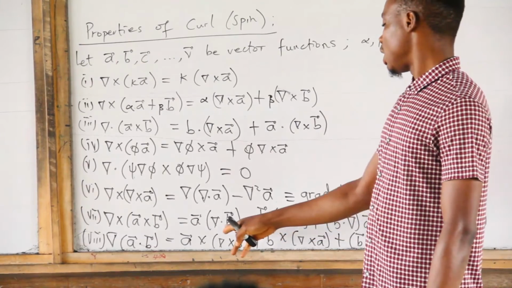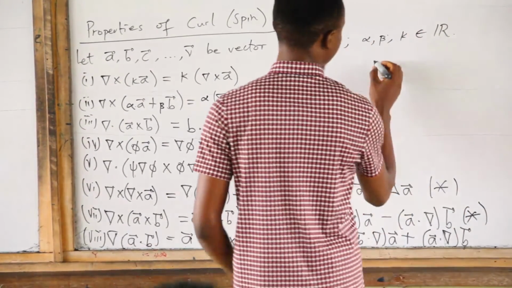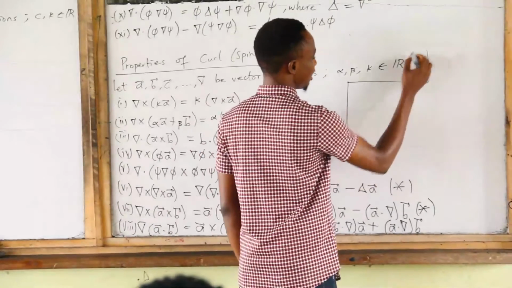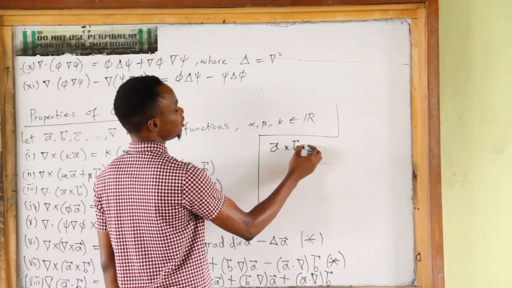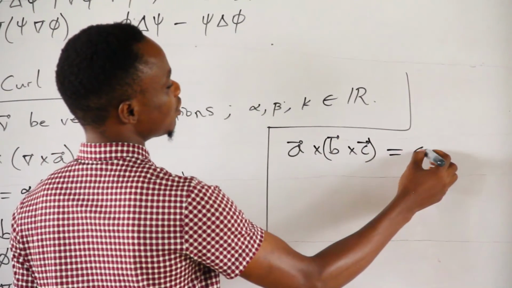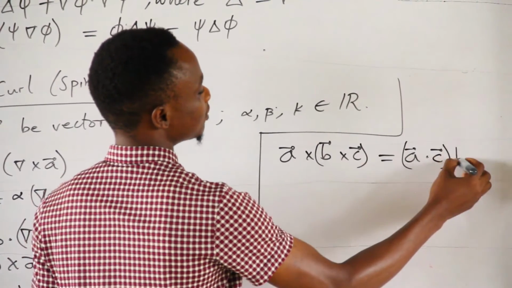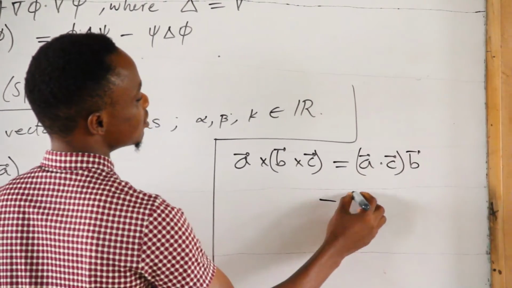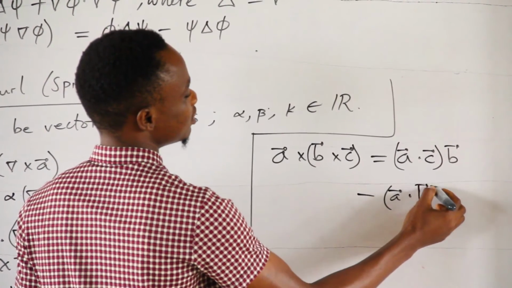Okay, so in this case, from the vector relation that we looked at earlier, we talked about the fact that we have A cross B cross C. You can remember this, we said this was equal to A dot C multiplied by B, minus A dot B multiplied by C.